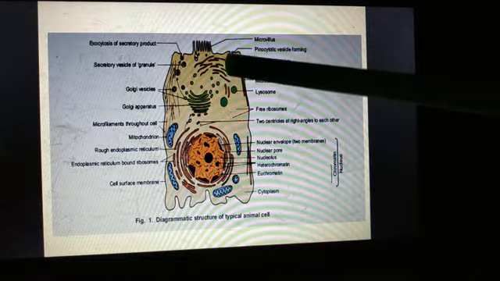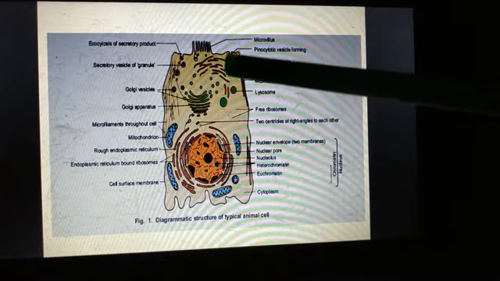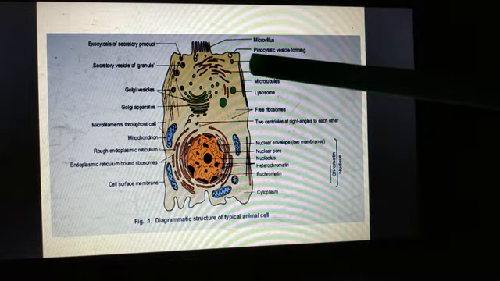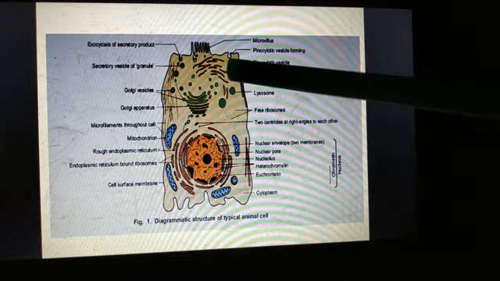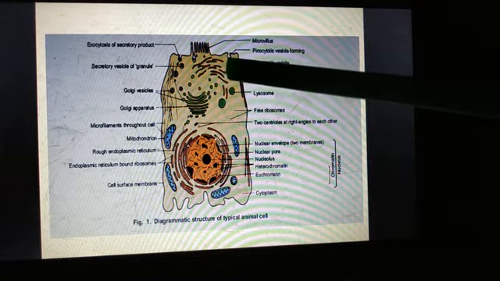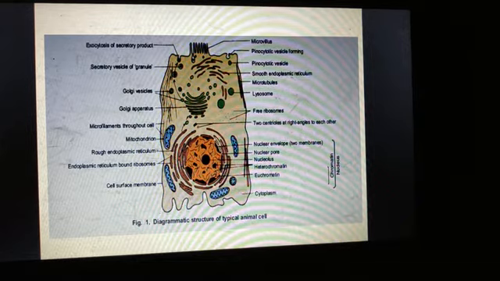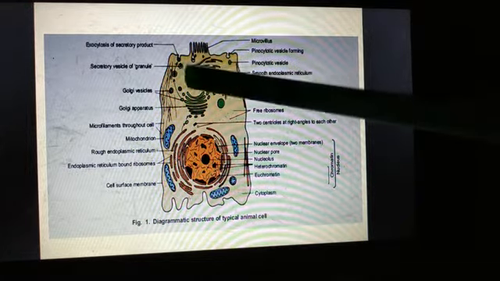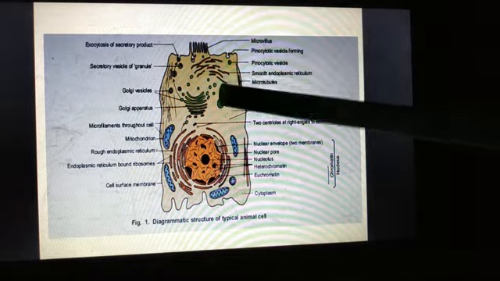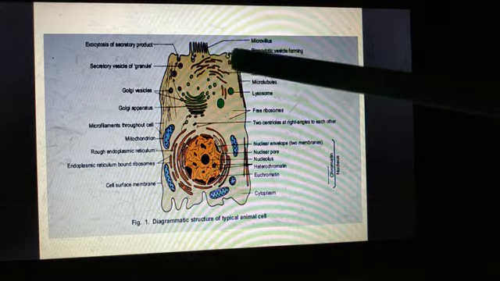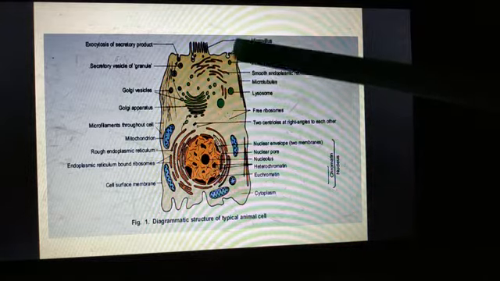Then we have endocytosis. This endocytosis we call pinocytosis when we transport something in liquid form. So from here the material will go out through exocytosis, and through pinocytosis, in endocytosis, material will come inside the cell.